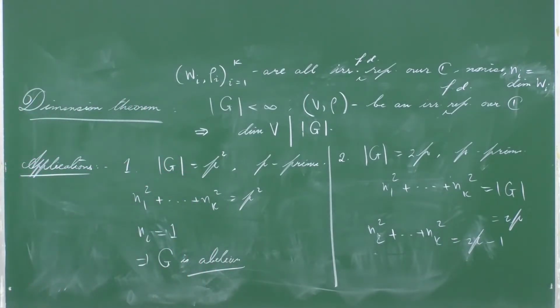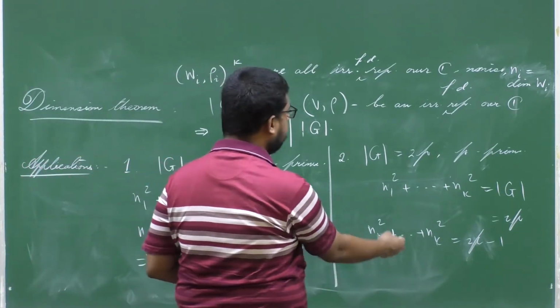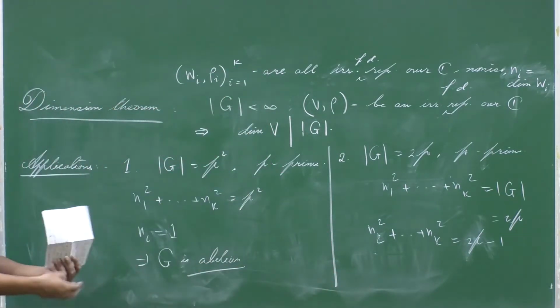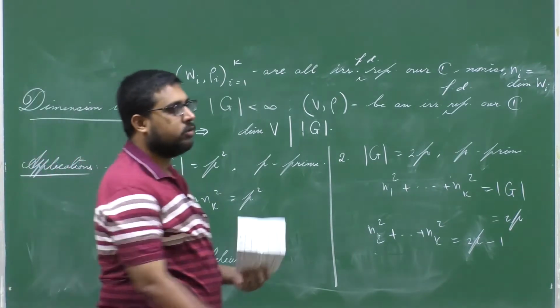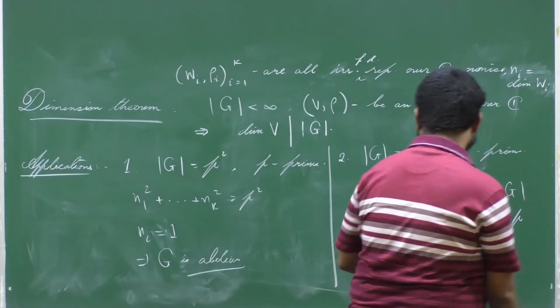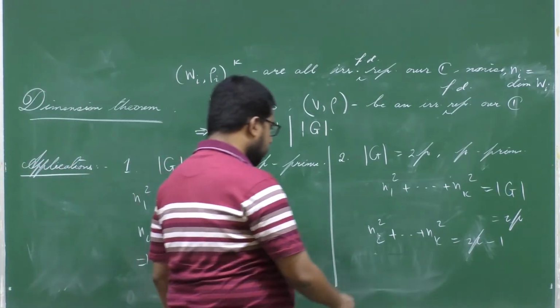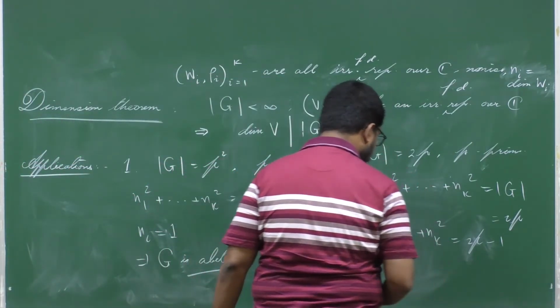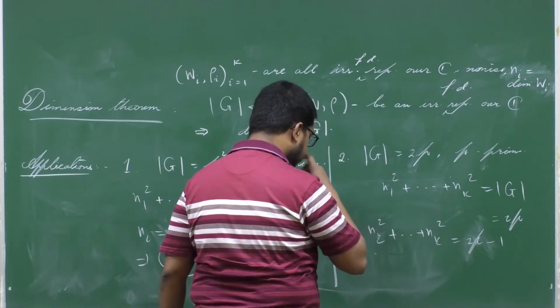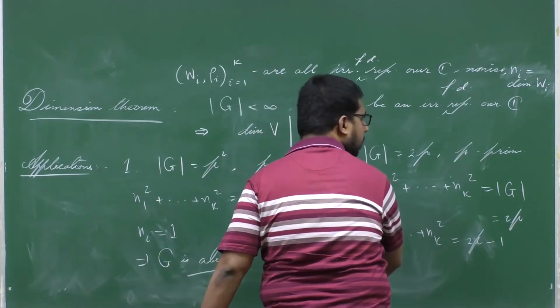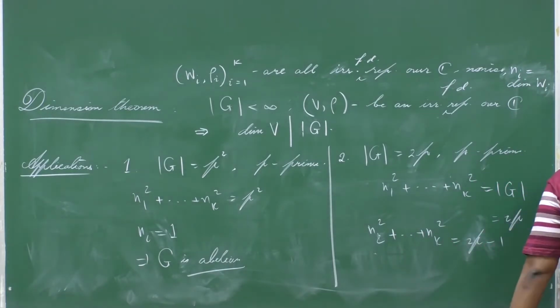Now we want to know how many 1 dimensional representations there will be, and whether we can say anything about the number of 1 dimensional or 2 dimensional representations. That we can also say in this situation. How? Let me do this in this way.